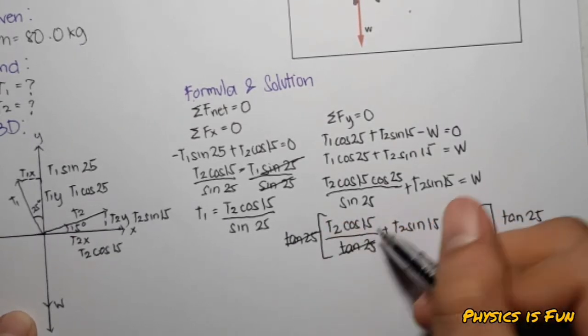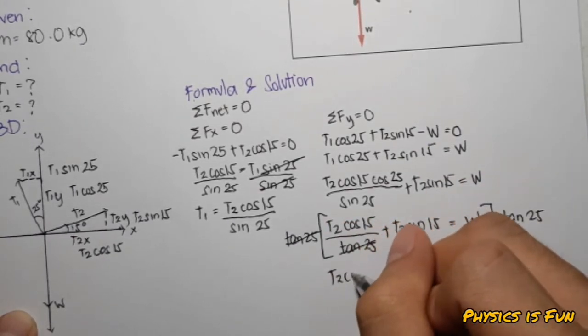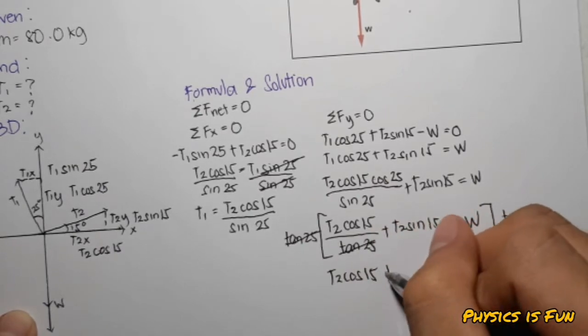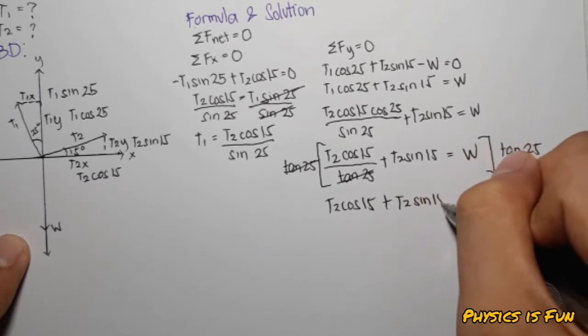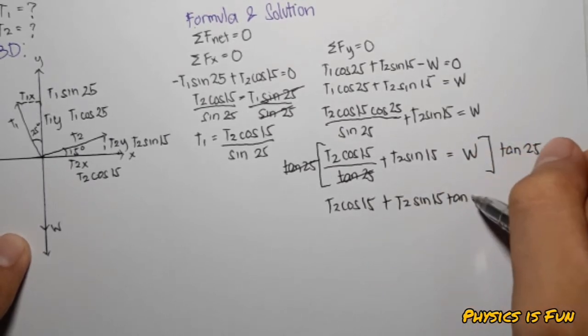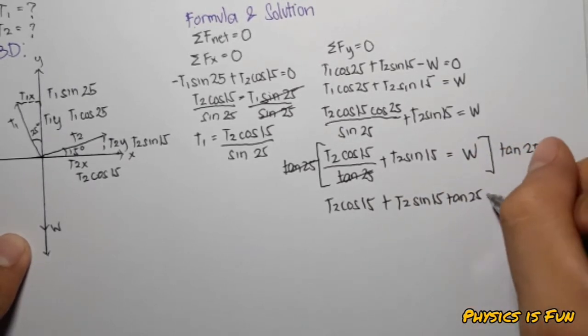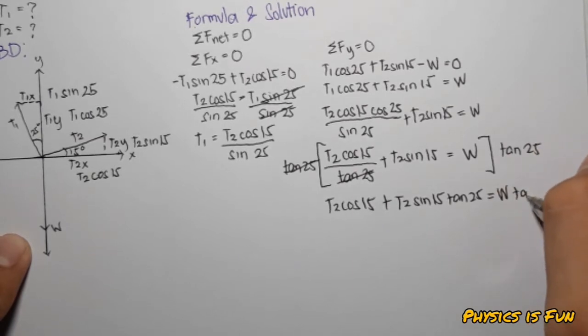It will be cancelled. T2 cosine 15 plus T2 sine 15 tangent 25 equals weight tangent 25. And that's it. We can now factor out tension 2.